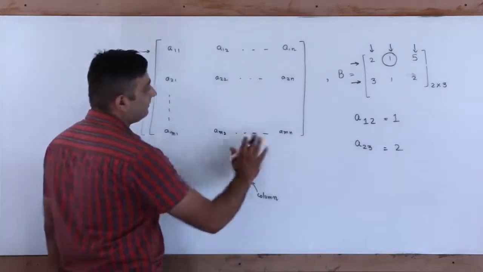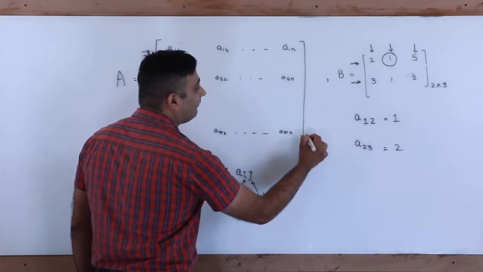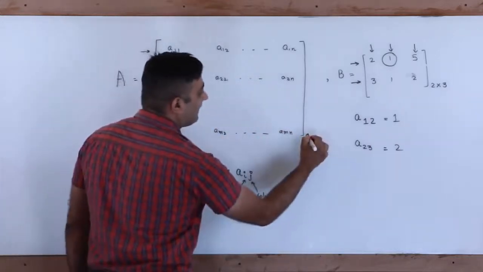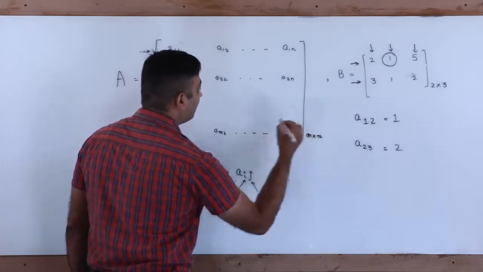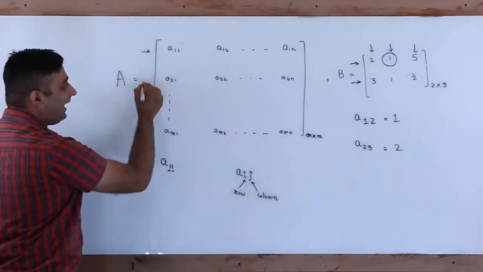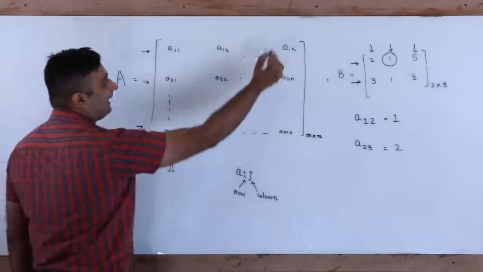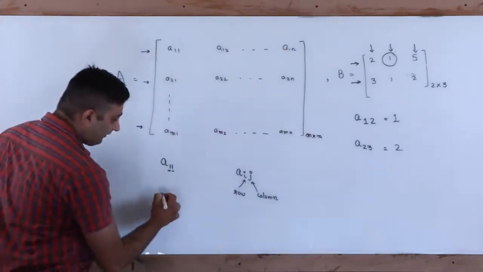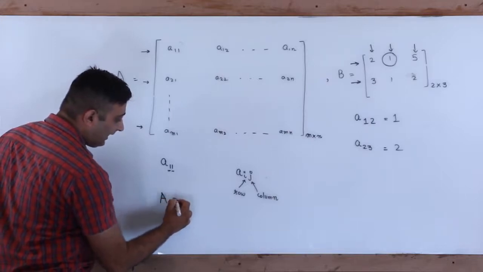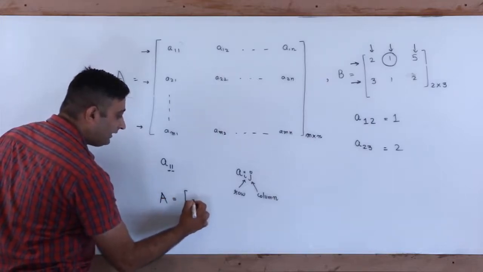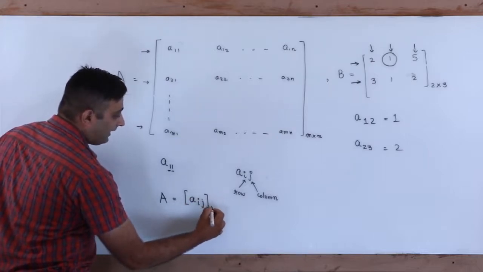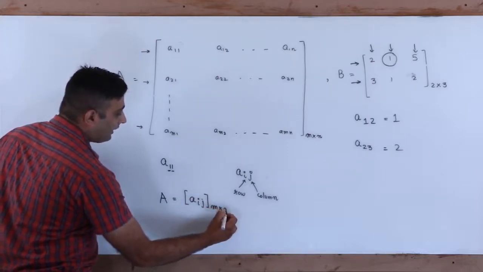In the general representation of a matrix, we can say that the order of this matrix is m by n because it has m rows and n columns. In general, we can write any matrix A symbolically as Aij, m cross n.